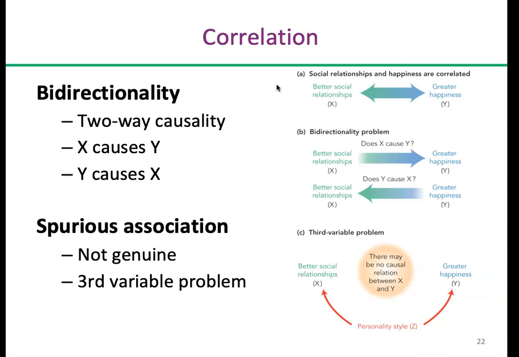So better relationships equals better happiness. Those two go together. Bidirectional problem. So does X cause Y? Better social relationships cause greater happiness, or does greater happiness cause better social relationships? Okay. And the third variable problem, there may be no causal relationship between X and Y at all. Okay, there could be something else.